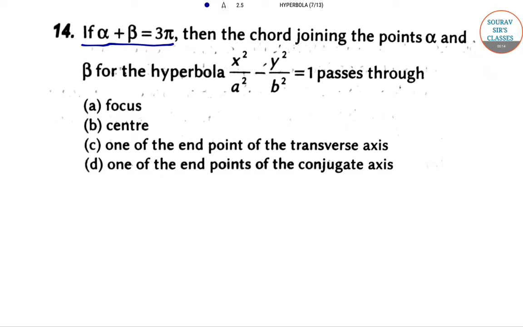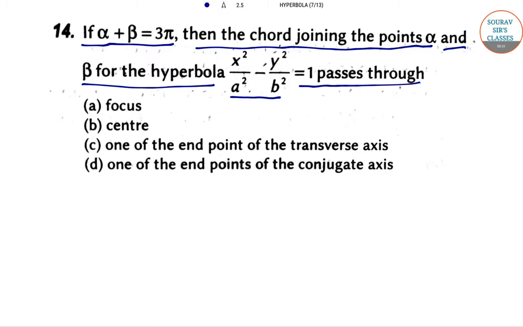If alpha plus beta is equal to 3 pi, then the chord joining the points alpha and beta for the hyperbola x square by a square minus y square by b square is equal to 1, this is the equation of hyperbola, passes through what? Focus, center, one of the end points of the transverse axis, or one of the end points of the conjugate axis. Let's find out.